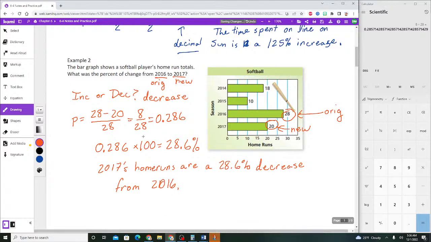Now, I'd like to point out again, this 8 is 28.6% of 28. And that's what we're subtracting from 28 to get down to 20.